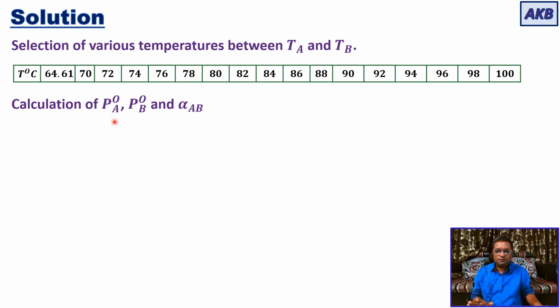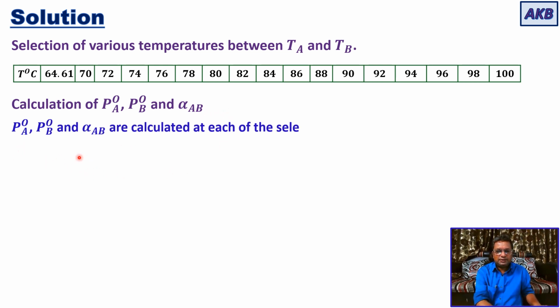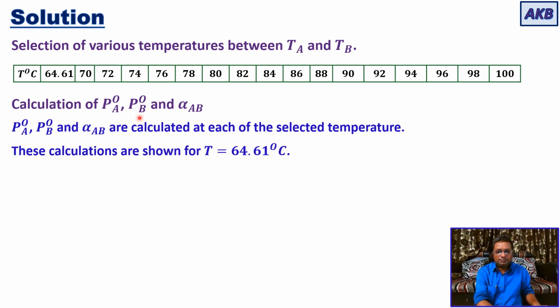Okay, so PA naught is the vapor pressure of A, PB naught is the vapor pressure of B, and alpha AB is the relative volatility, that is the volatility of methanol relative to that of B. These three parameters, PA naught, PB naught, and alpha AB, will be calculated at each of the temperatures that we have selected. And to understand the calculations, I have done calculations for one temperature, that is the first temperature, 64.61.